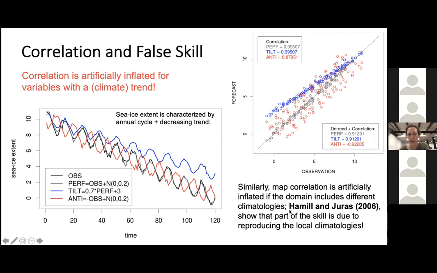So this is a very interesting article by Hamill and Juras that you probably are going to read in your life, that reveals how there are actually several statistics that are a victim of what is called false skill or trivial skill, essentially because the model is just capable of reproducing local climatologies.